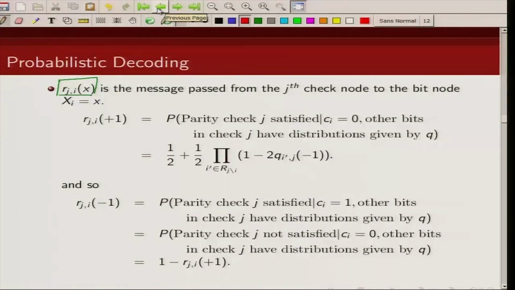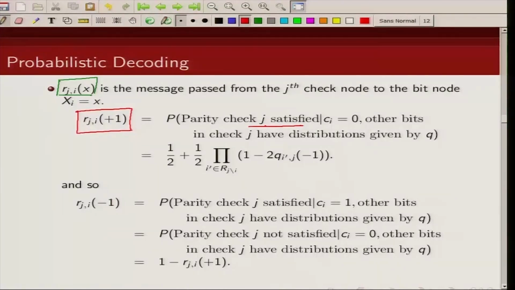Now, the probability of x being plus 1, which corresponds to the code bit Ci being 0, is defined as the probability that the jth parity check constraint is satisfied given that the ith bit is 0 and other bits are given by the distribution given by Q. Now, what is the probability that the jth parity check constraint will be satisfied given Ci is 0?